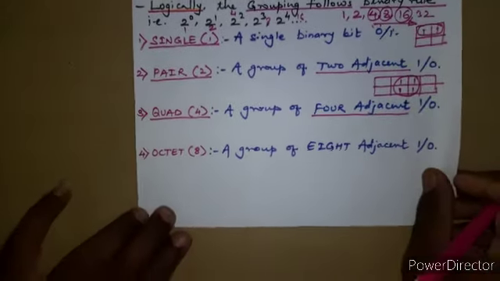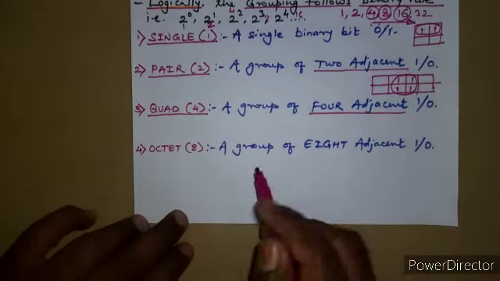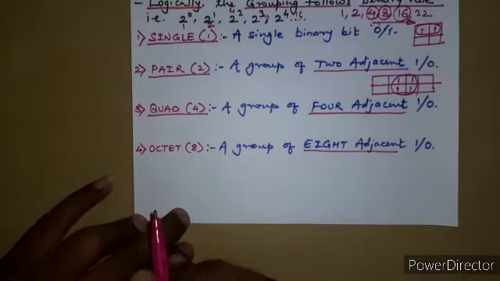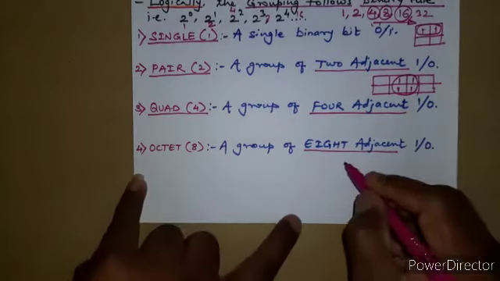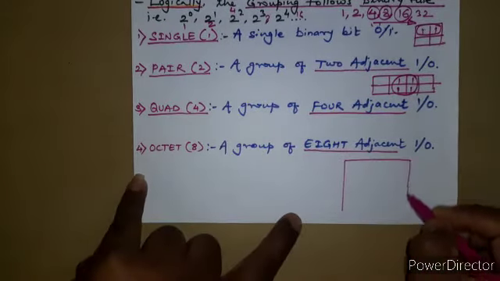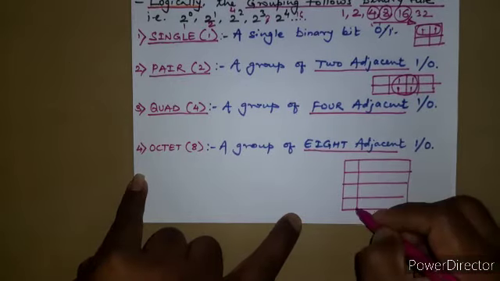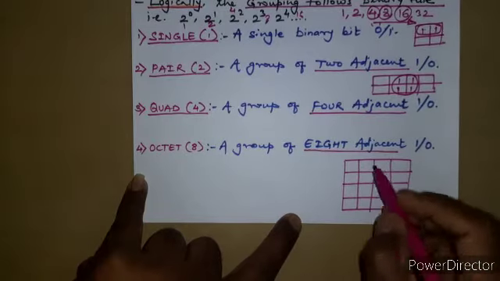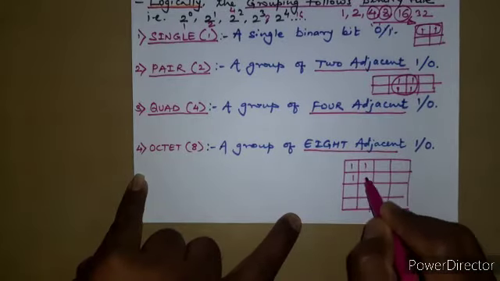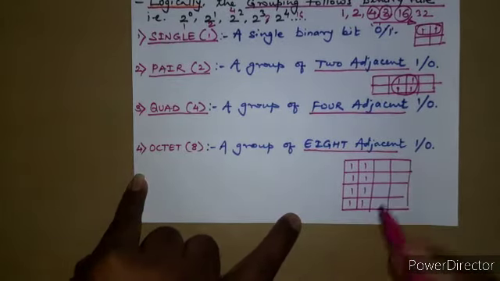And then we have an octet, a group of 8 adjacent cells. For this we can consider a 4 variable K-map. So an octet means 1 1 1 1 1 1 1 1.